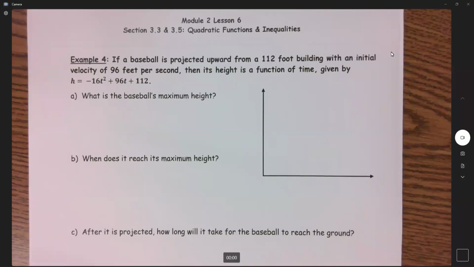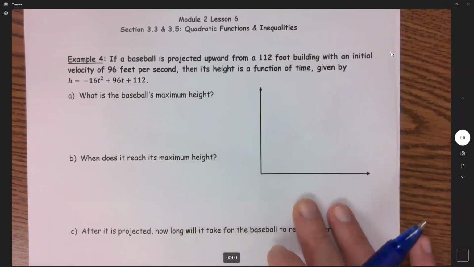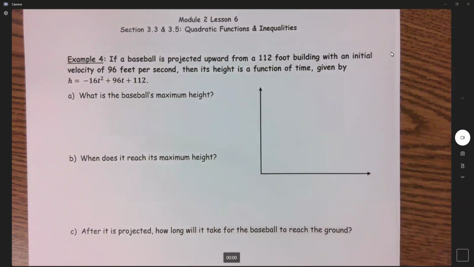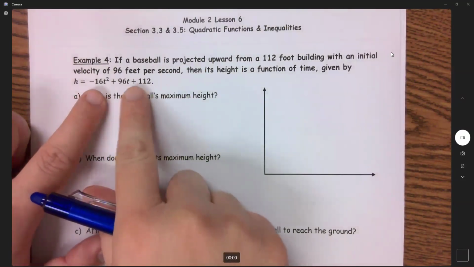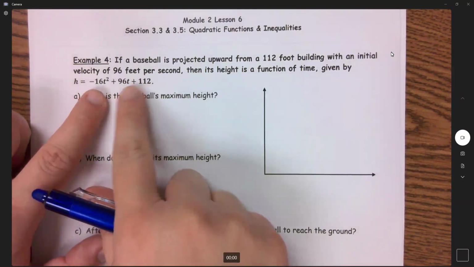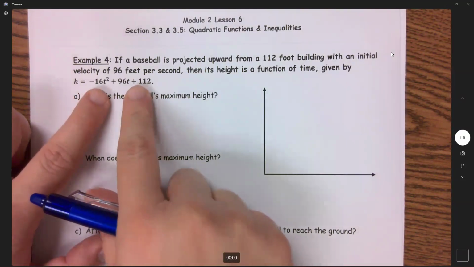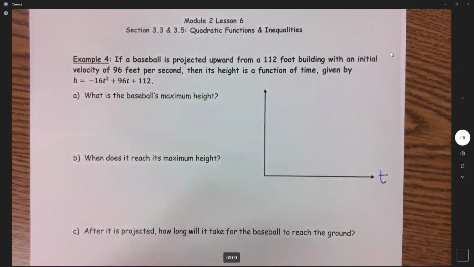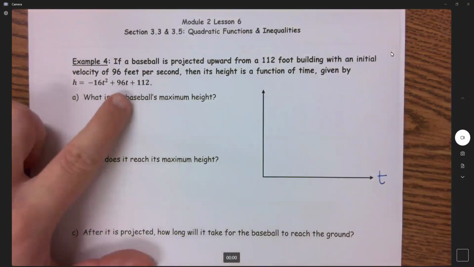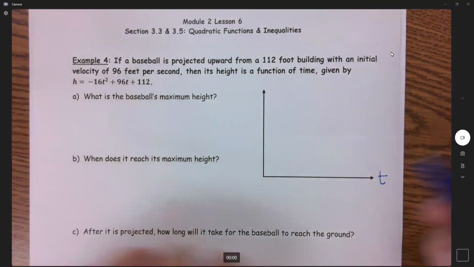So let's talk about this and draw a rough sketch of this on our graph. Here, instead of x squared and x, it has t. So that is my x-axis here, and this is in the form of time.